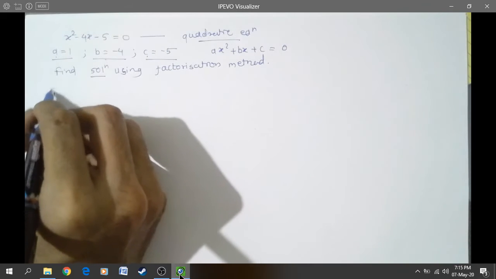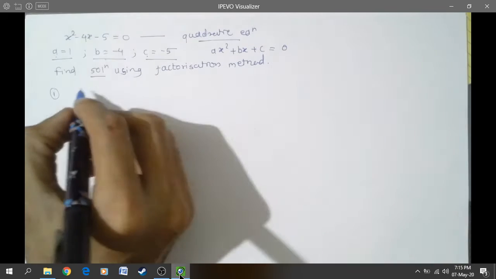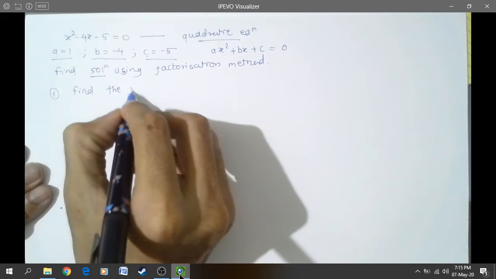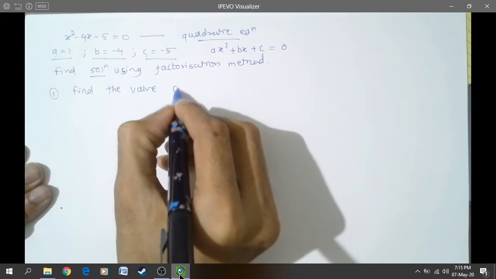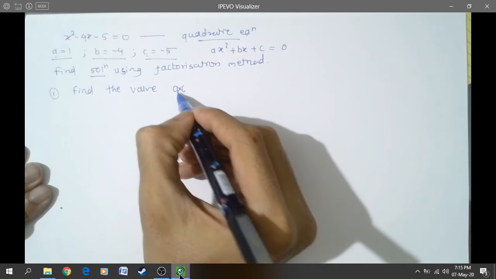Now, the first step in the factorization method is to find the value a into c.